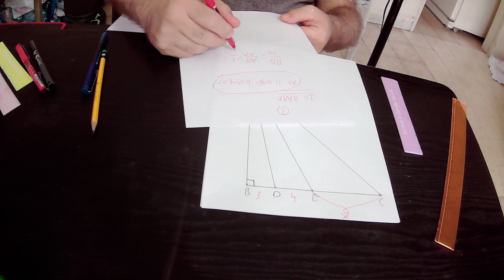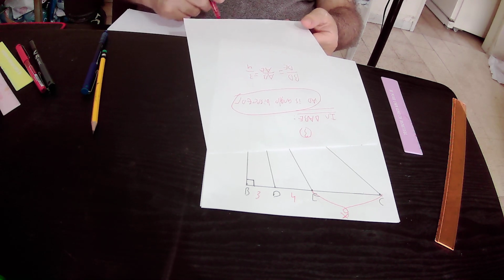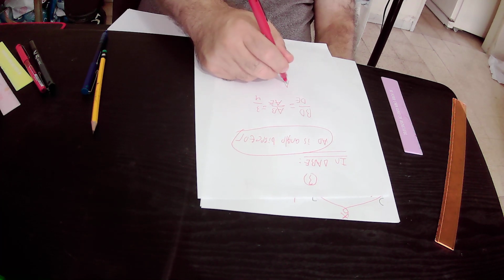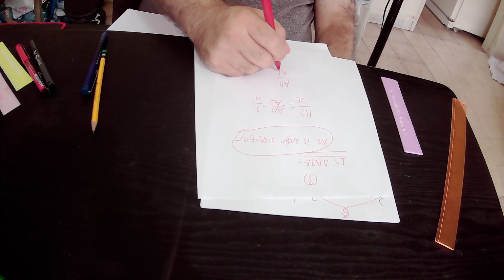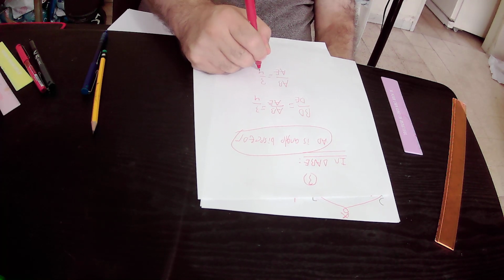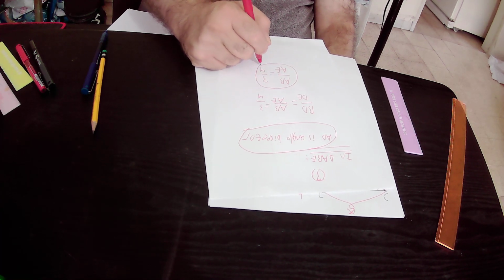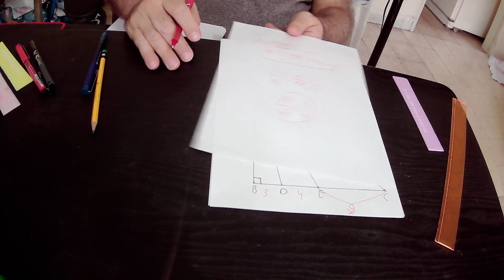DE equals 4 units. So in total we get the equality that AB over AE equals 3 over 4.